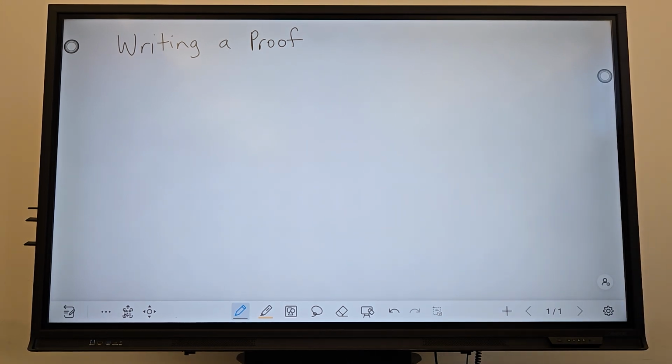It says the following rules of style have become fairly standard for writing the final versions of proofs.